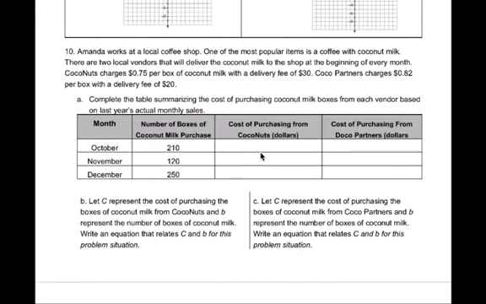Okay, number 10. Amanda works at a local coffee shop. One of the most popular items is a coffee with coconut milk. There are 2 local vendors that will deliver coconut milk to the shop at the beginning of each month.